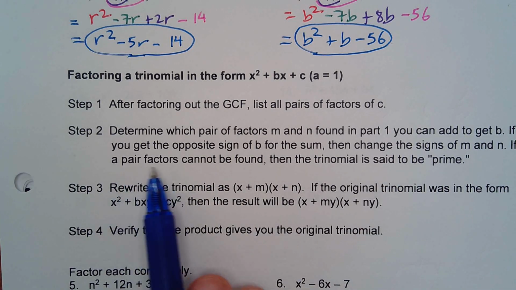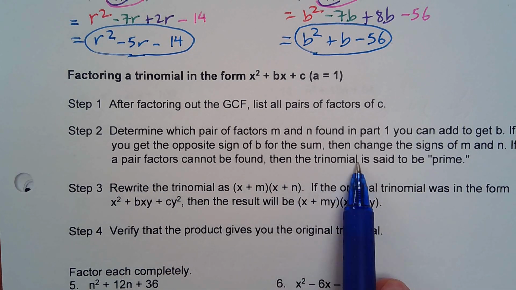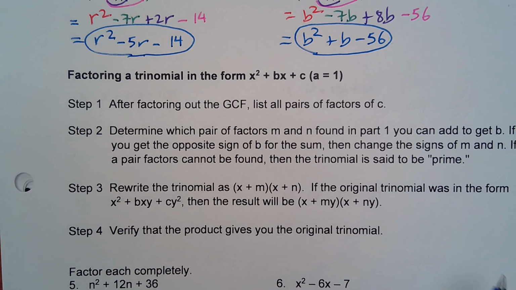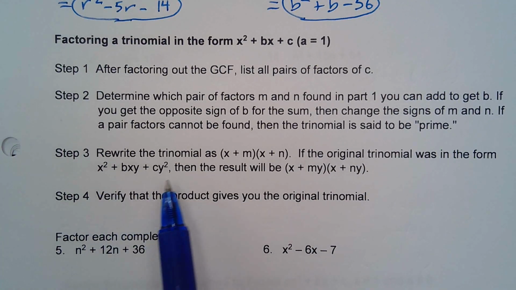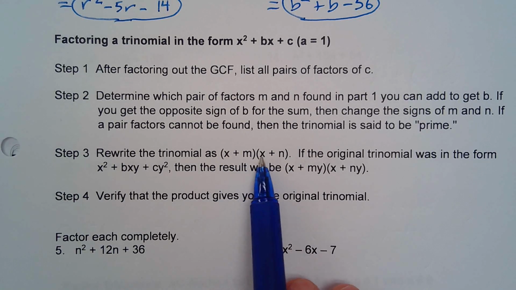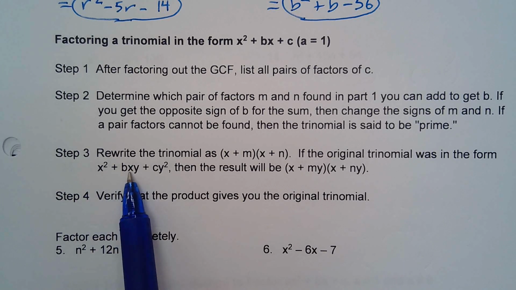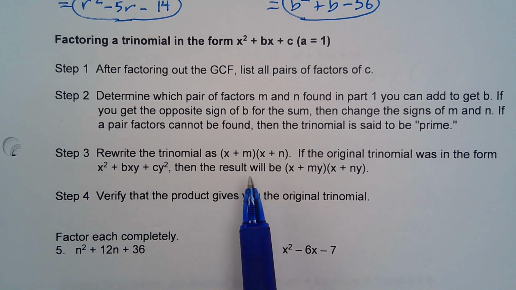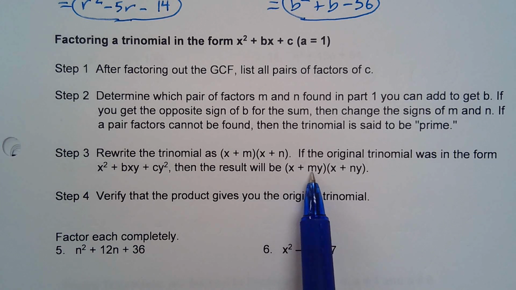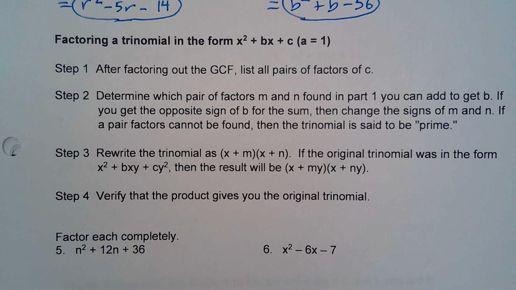If the pair of factors cannot be found, then the trinomial is said to be prime. Rewrite the trinomial as x plus m times x plus n. If the original trinomial was in the form of x squared plus bxy plus cy squared, then the result would be x plus my times x plus ny. And then you can FOIL to verify that the product gives you the original trinomial.